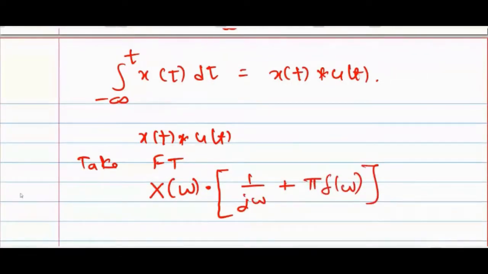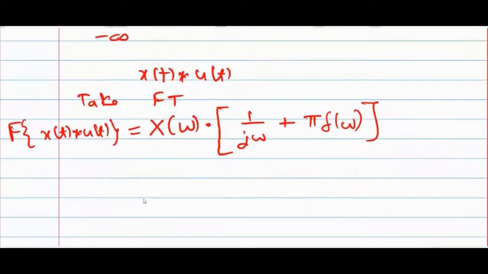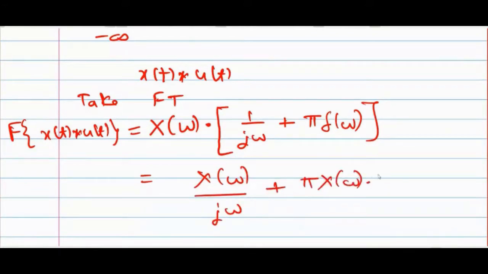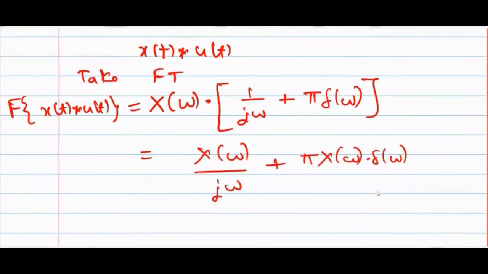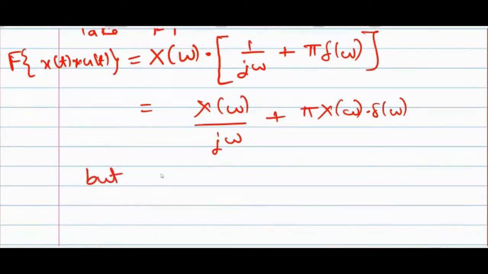So this is the Fourier of x of t convolution u of t. So just multiply with x of omega. It becomes x of omega divided by j omega plus pi into x of omega into delta omega. But x of omega into delta omega is what? It is nothing but x of 0 into delta omega.